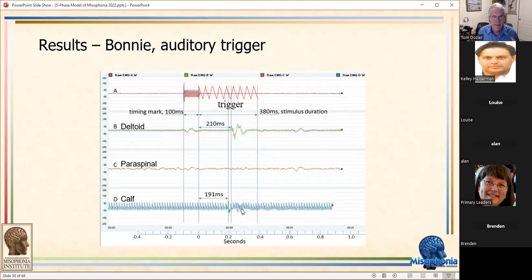And this person was very precise in her physical reflexes, but for some triggers, it might have been just her calves, and in other triggers, it might be paraspinals, deltoids, and calves. But this 200 milliseconds was pretty consistent with her and another person.